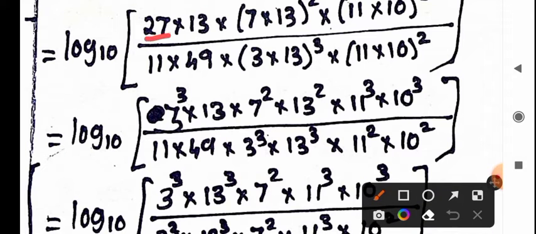Now 27 is 3 cube, 7 is 7 square, 13 square, 11 cube and 10 cube. 3 will be 3 cube, 13 is 13 cube, 11 square and 10 square.